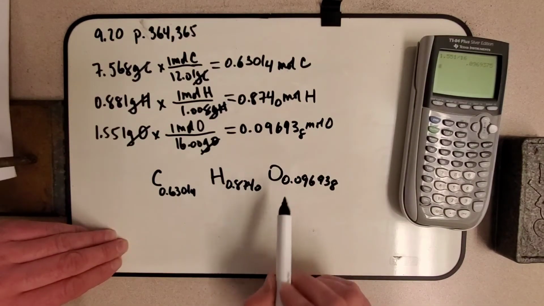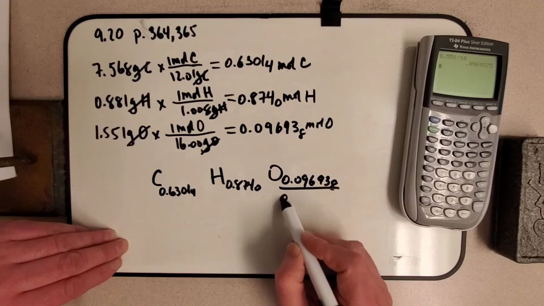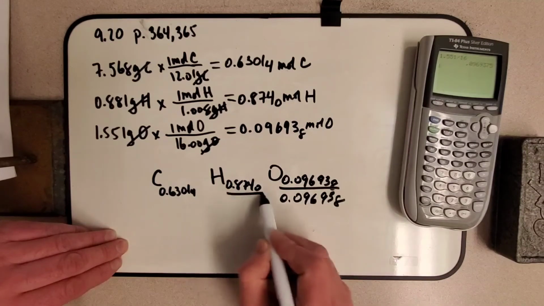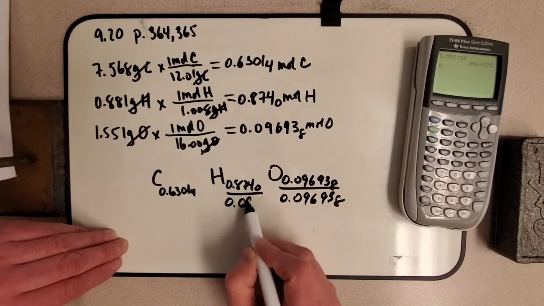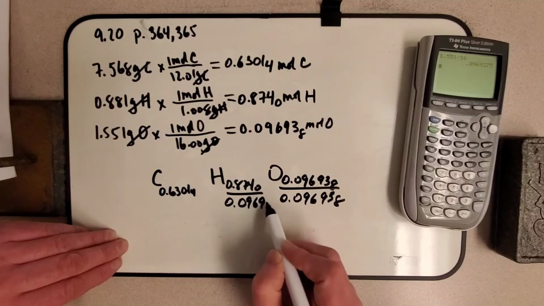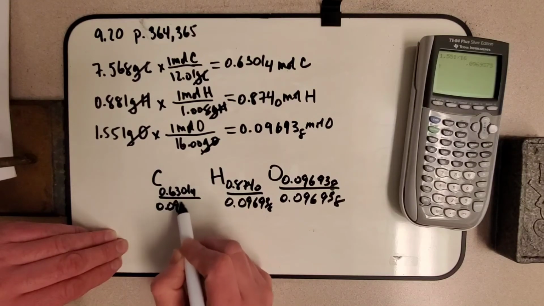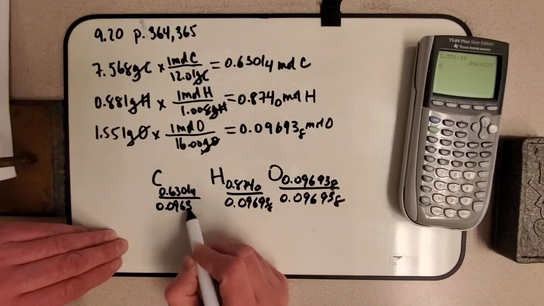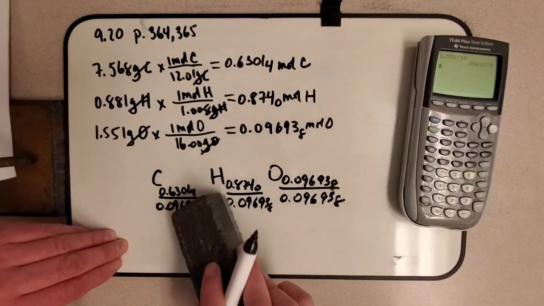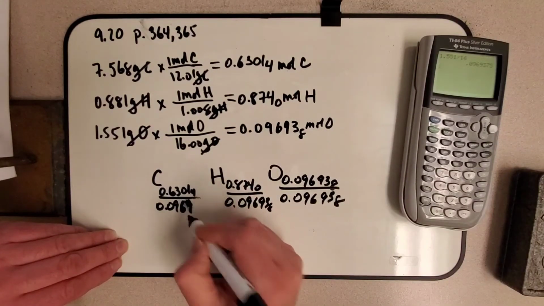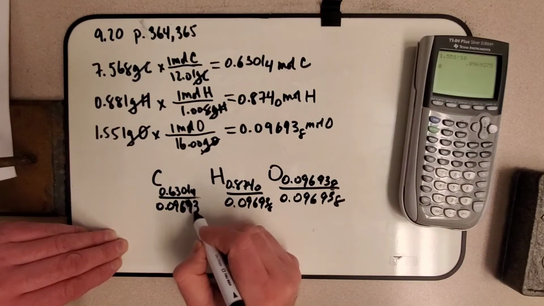So in this case, oxygen has the smallest number of moles, so I'm going to choose this number, 0.09693 little 8, and do the same thing for each.